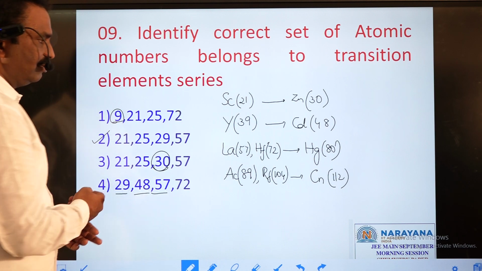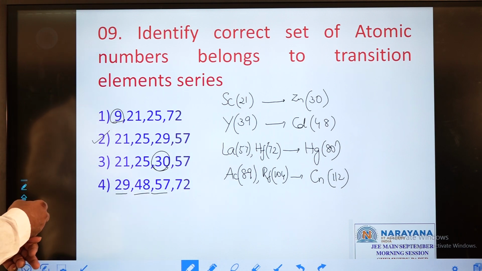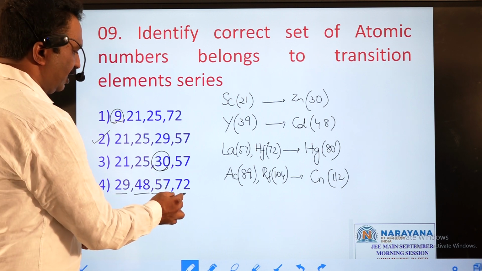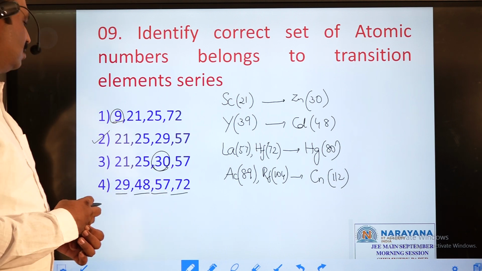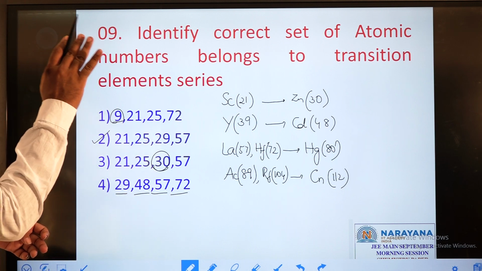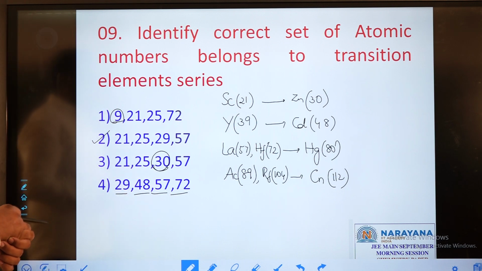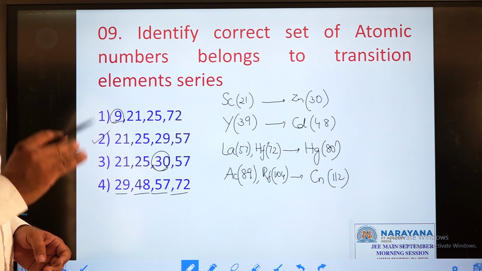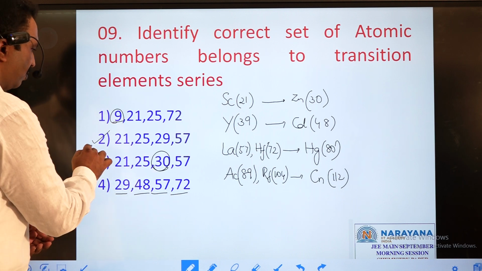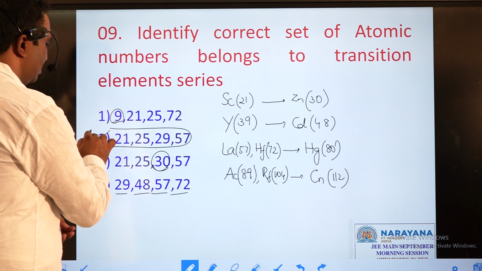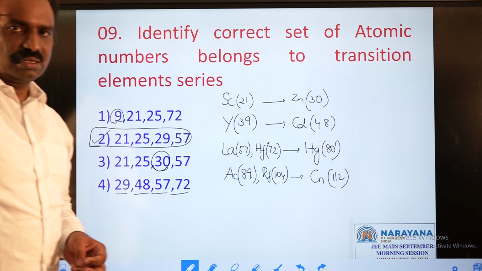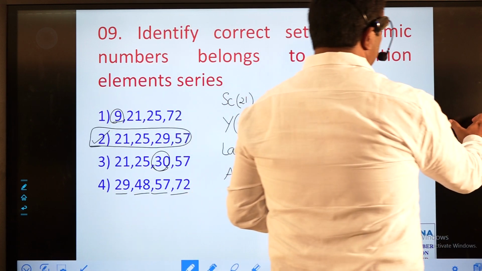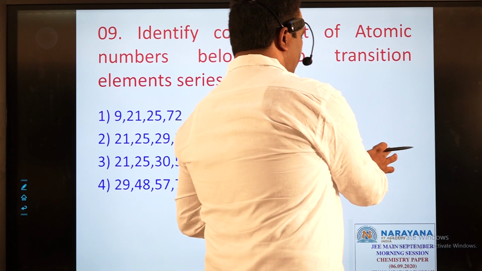Next 57 is lanthanum. Next 72 is also transition. So if this is the question, identify the correct set of atomic numbers, then the more accurate among the given options is this one. Okay, let me go for the next question.